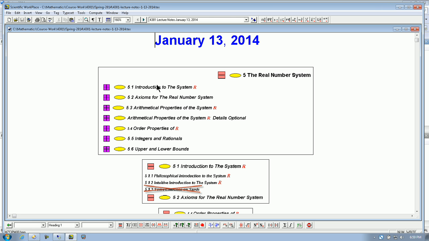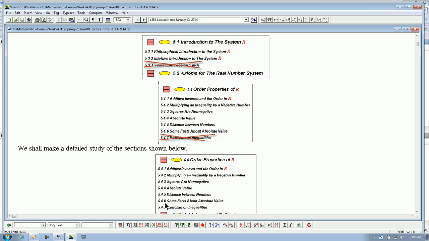Now, I'm going to ask you to please read the philosophical introduction to the number system in 5.1. Okay? I especially took care to remove the exercises on surds that you see here, 5.1.3. Okay? And then I forgot to exit out when I put it here. Where was it?